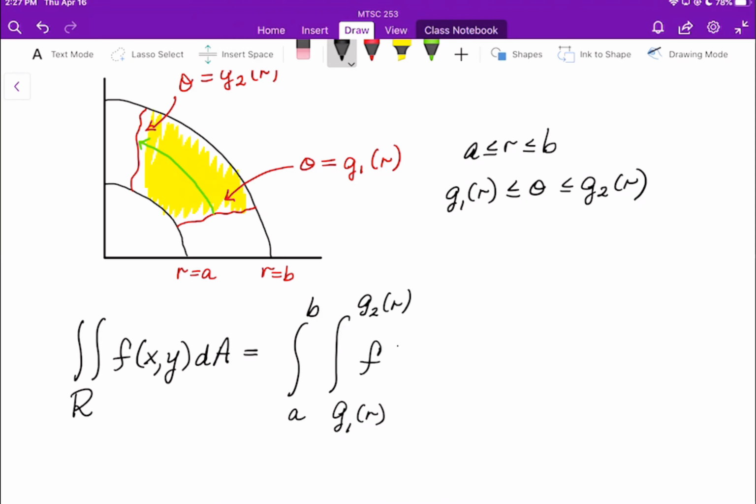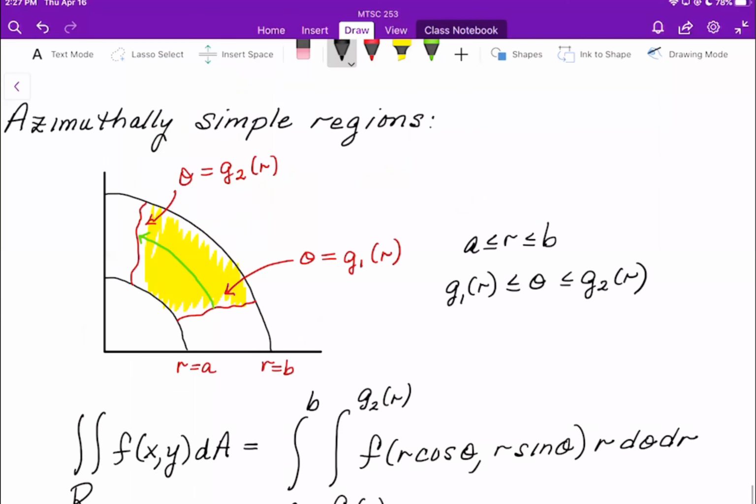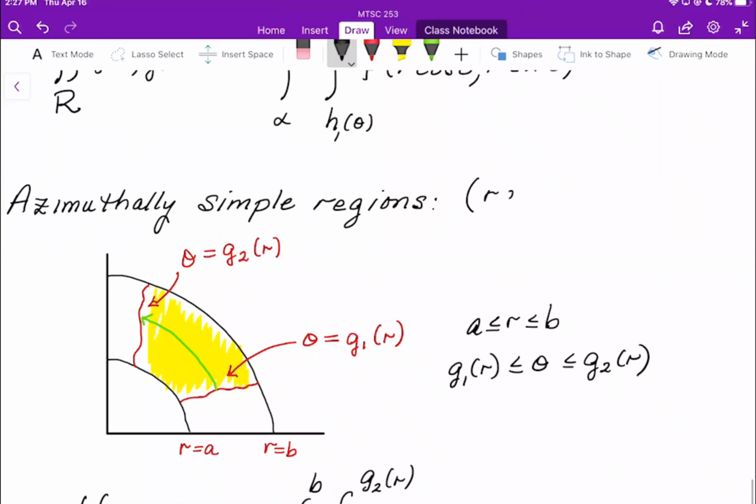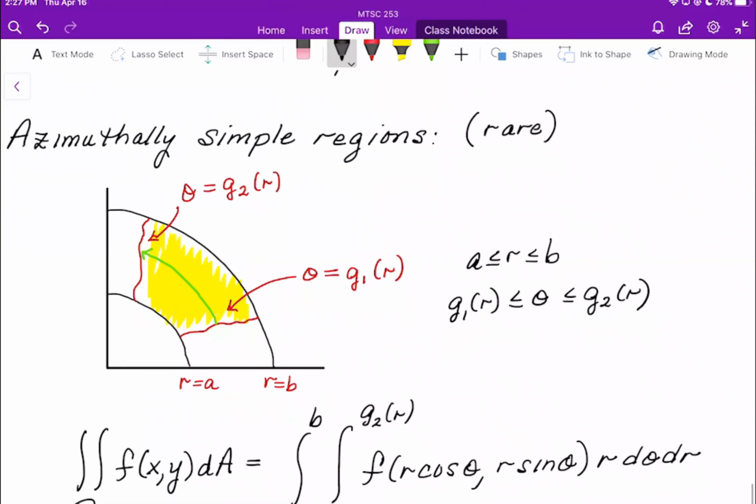This is f of r cosine theta, r sine theta, r d theta dr. These are rare. You don't find too many problems that look like that, but you do.